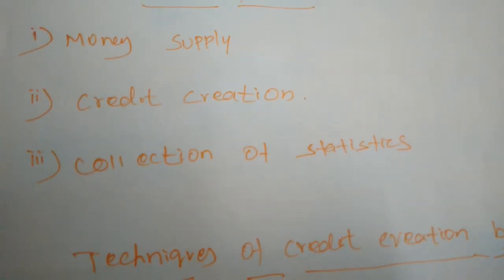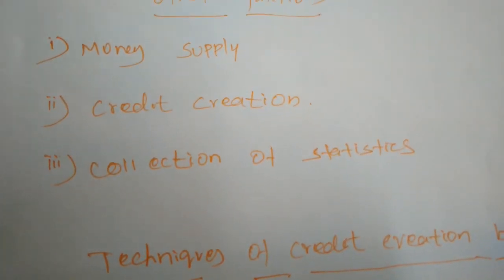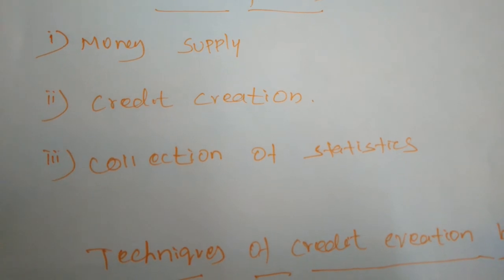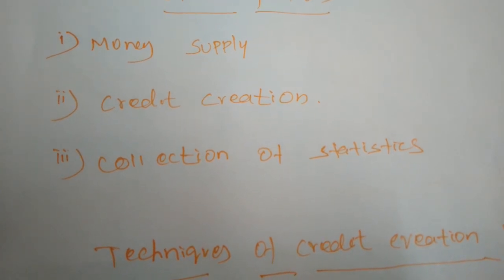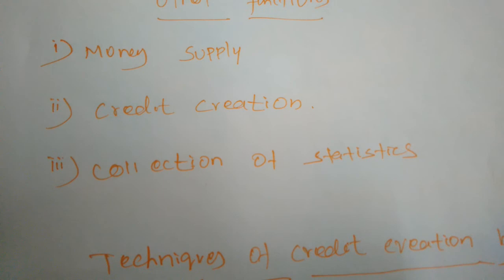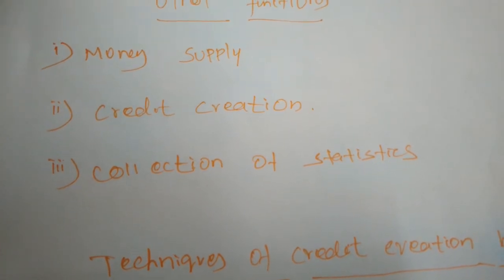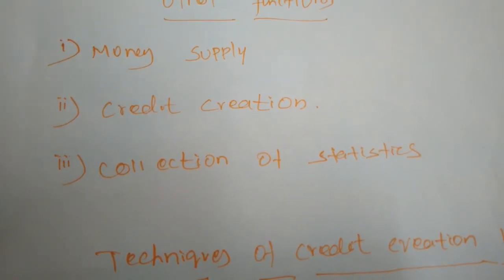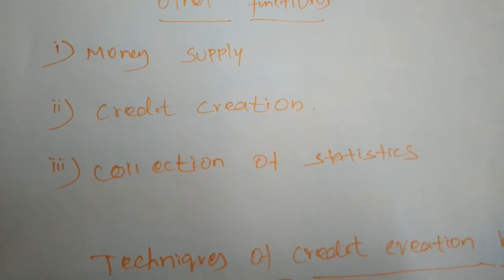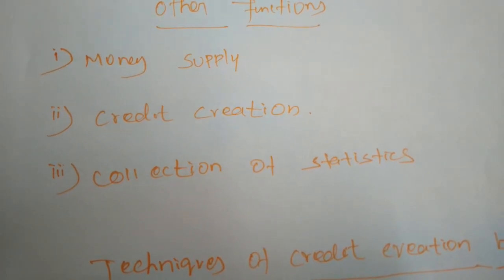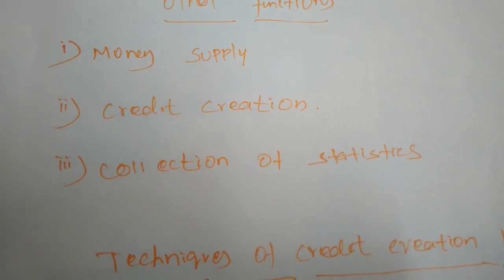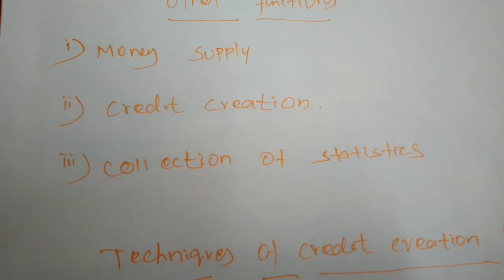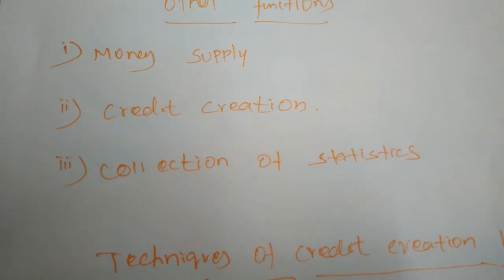Next, collection of statistics. The commercial bank also collects and publishes statistics relating to trade, commerce and industries. Hence, they advise customers and public authorities on financial matters. The commercial bank also collects data relating to trade, commerce and industries, like the Reserve Bank of India. Because of that, commercial banks have the power to advise their customers and public authorities on financial matters.